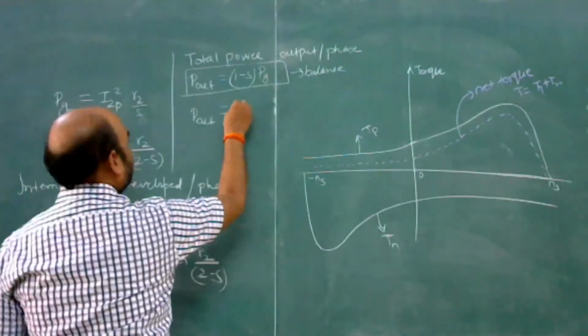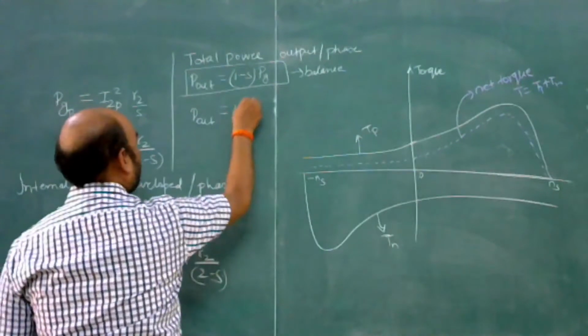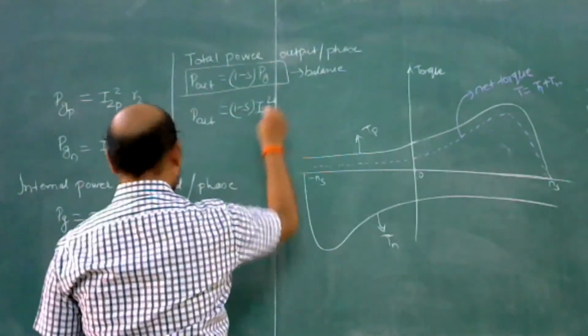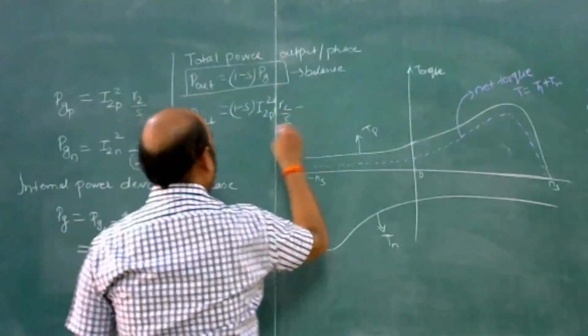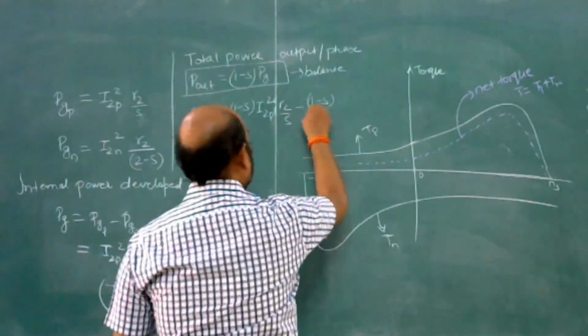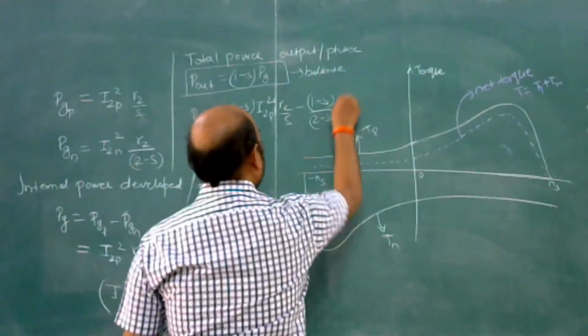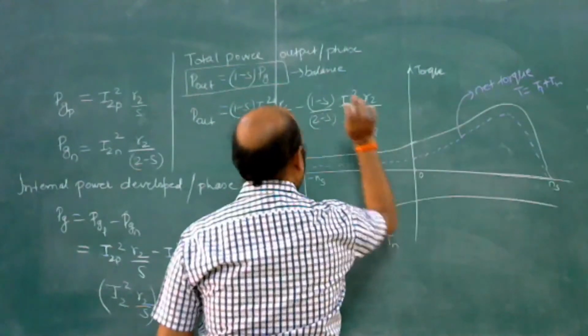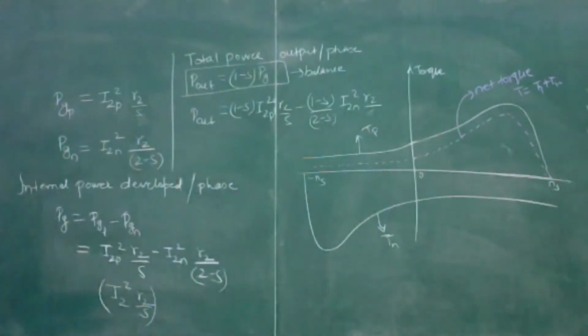So 1 minus S I2P square R2 by S minus 1 minus S by 2 minus S I2N square R2 by 2 minus S. Okay, so this is power output.